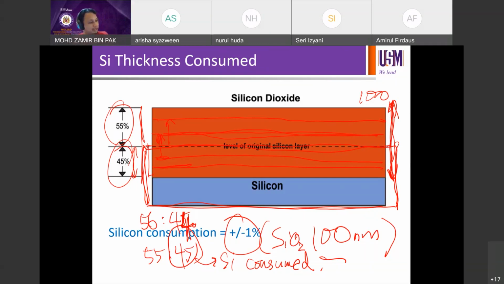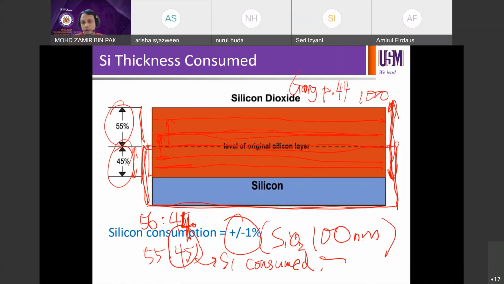It's related to the molecular weight of silicon, density of silicon, and molecular weight of silicon dioxide. Then you do some ratio calculation, and you end up with the thickness of silicon over thickness of silicon dioxide being 0.44. So check Gary page 44.